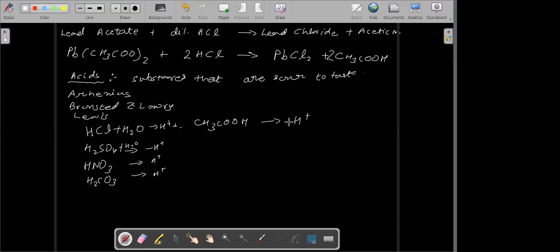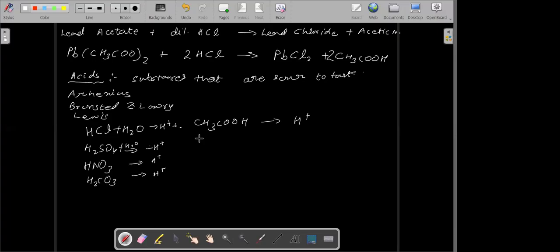So acids like HCl, H2SO4, HNO3, H2CO3, they are all mineral acids. CH3COOH and oxalic acid, citric acid, these acids are organic acids.